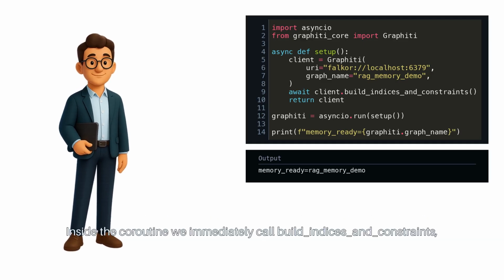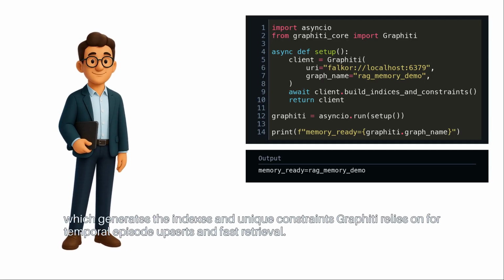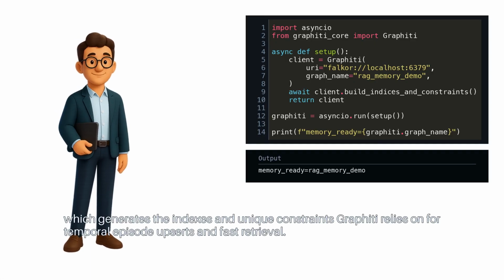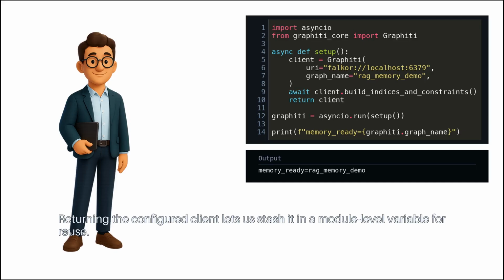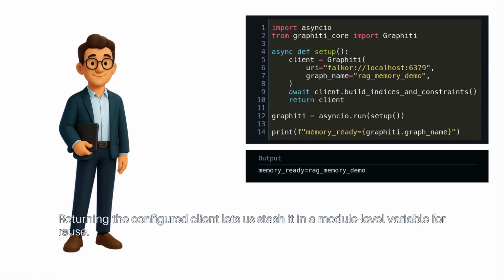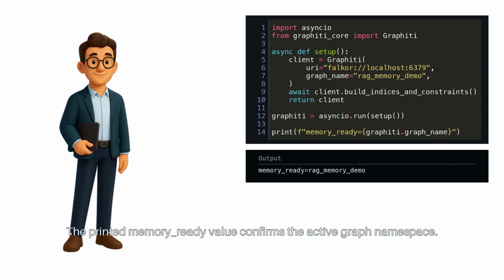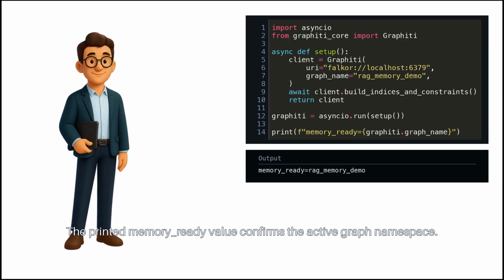Inside the coroutine, we immediately call build indices and constraints, which generates the indexes and unique constraints Graphiti relies on for temporal episode upserts and fast retrieval. Returning the configured client lets us stash it in a module-level variable for reuse. The printed memory-ready value confirms the active graph namespace.